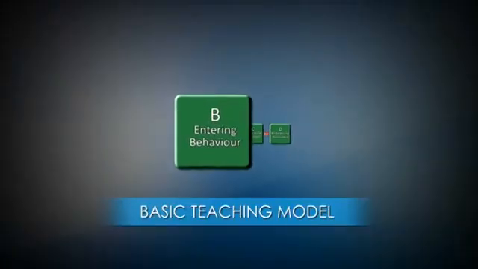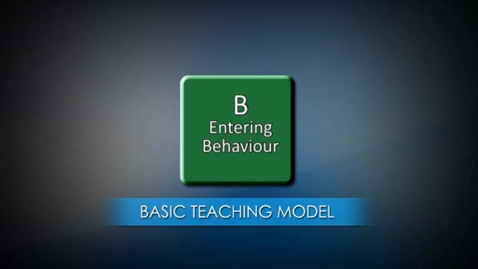Now let us come to box number B, which is about the entering behavior of the student. Every learner has initial behavior before he enters the teaching learning process. It is essential to detect the entering behavior of the learner before giving instructions. Therefore, entering behavior is where the instruction must always begin.